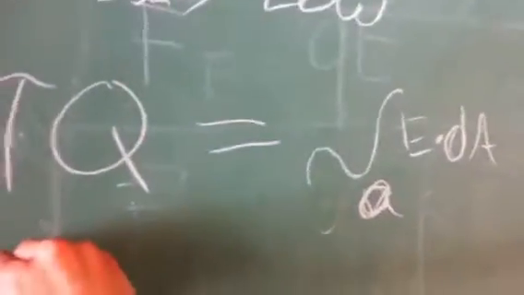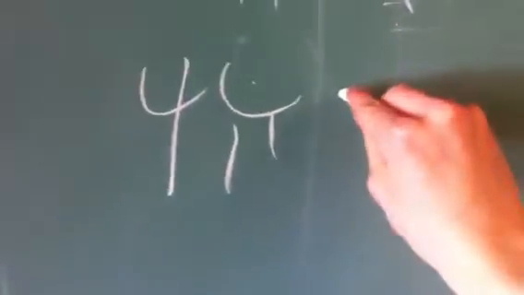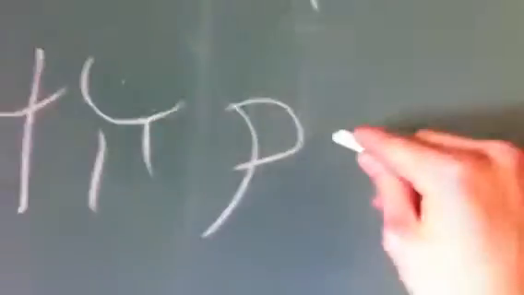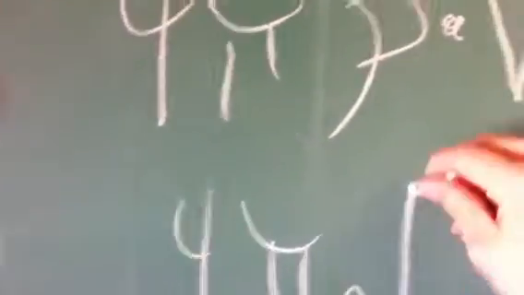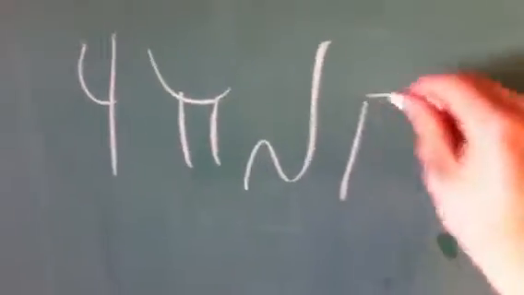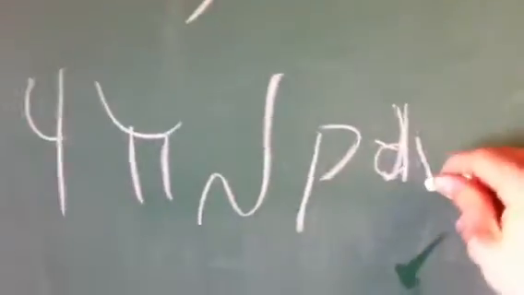So now what we can do is replace this 4 pi q with 4 pi rho times the volume. And what we can do here is just say, well, great, this is equal to the integral of rho dv over the volume.